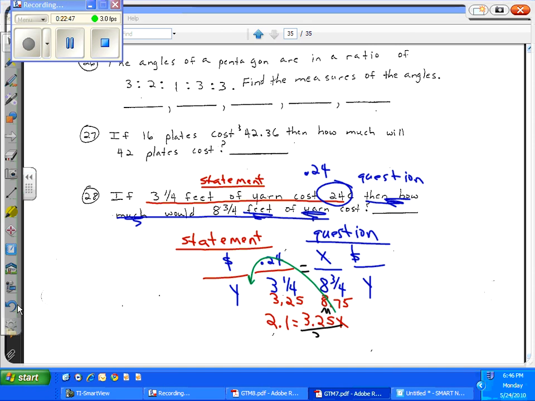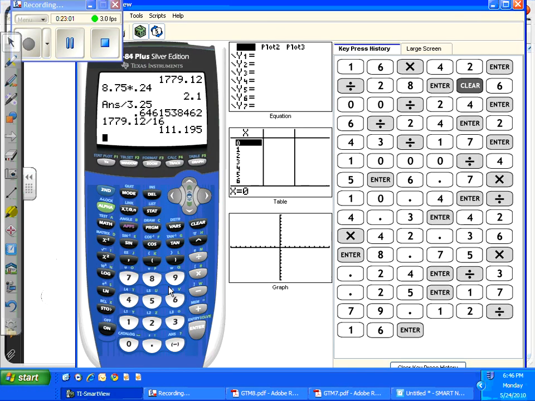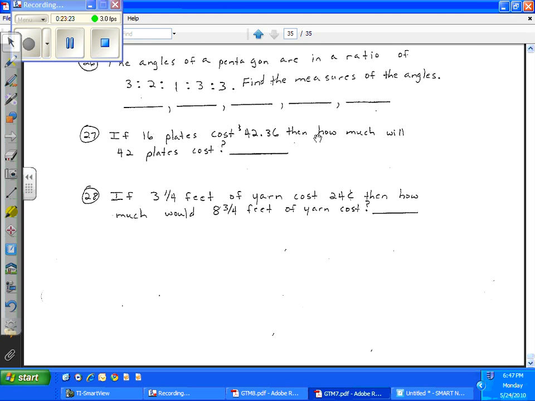And then we would undo multiplication by division. And so we're going to have 2.1 divided by 3.25. Back to the calculator. 2.1, there it is. Divided by 3.25. 0.646. That number's 5 or more, so we round up. So we have 0.65, which is 65 cents.